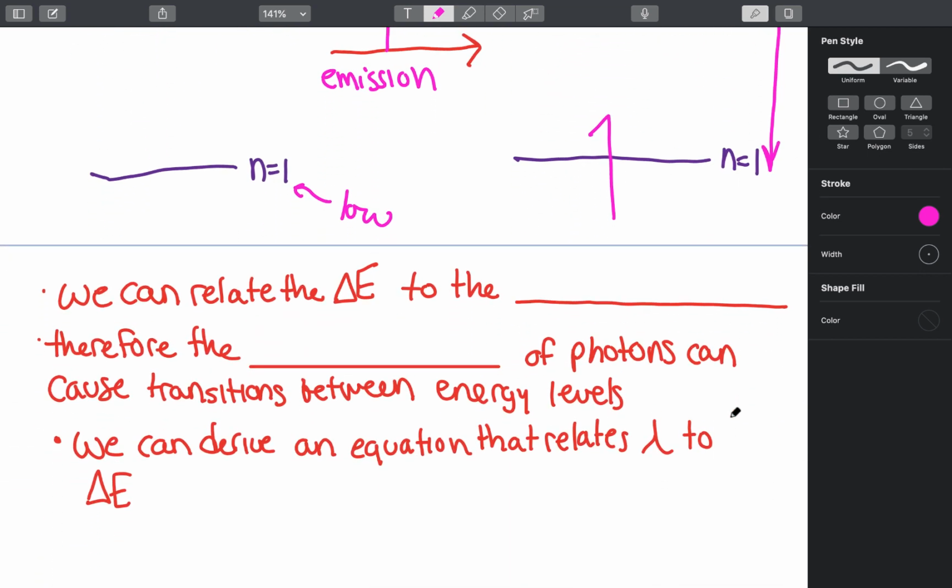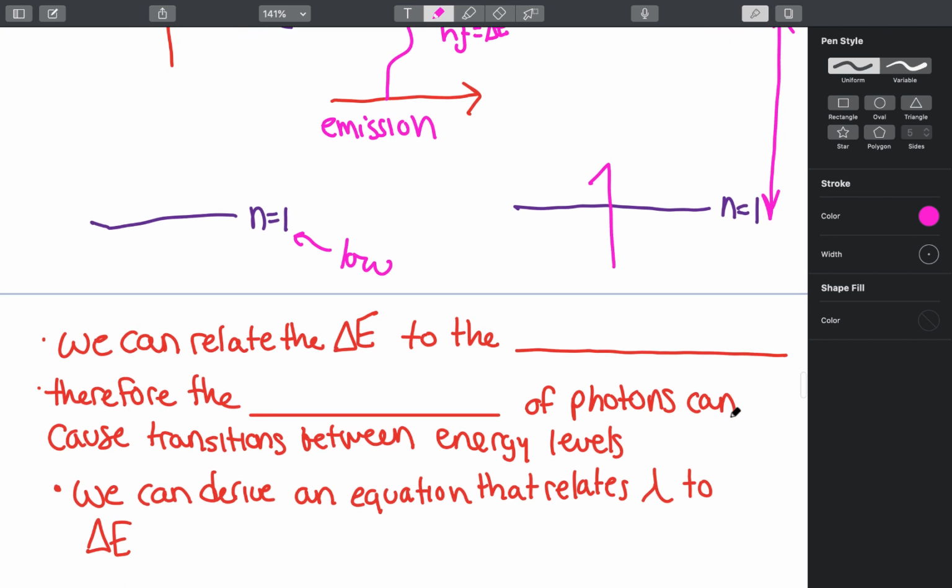Okay, so let's now talk about how we can apply this change in energy to the wavelength of light. So we can relate the change in energy to the wavelength of incoming light. And that's because, remember, E equals hc over lambda.